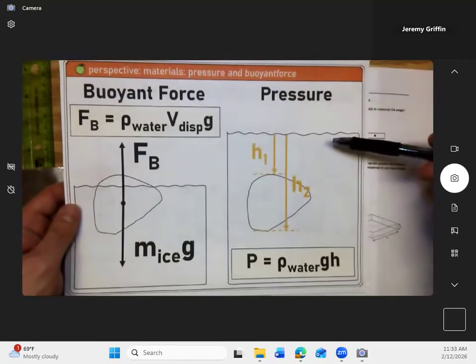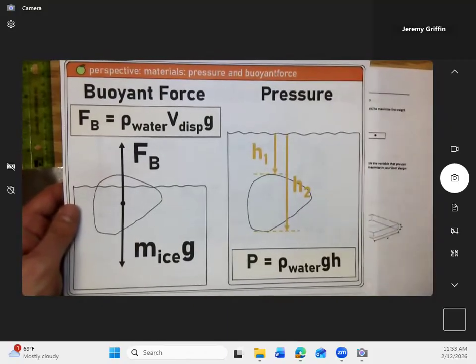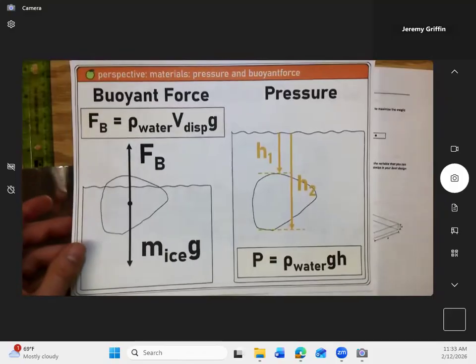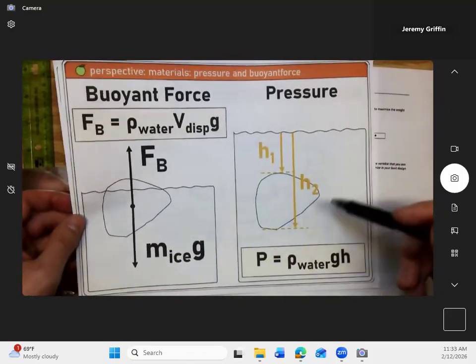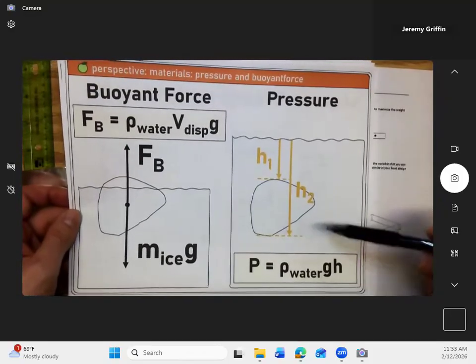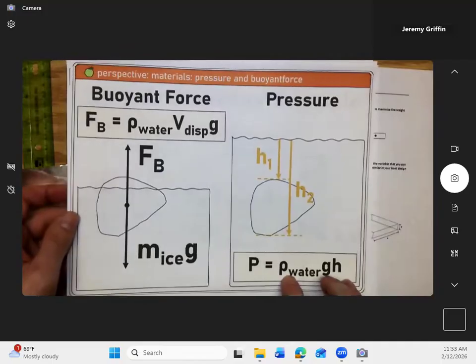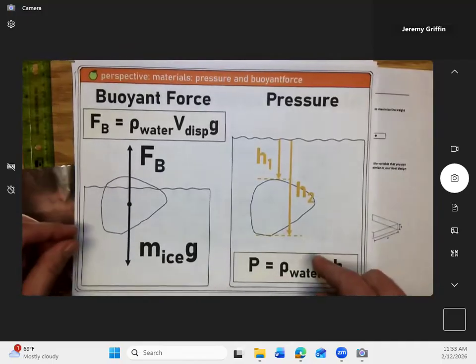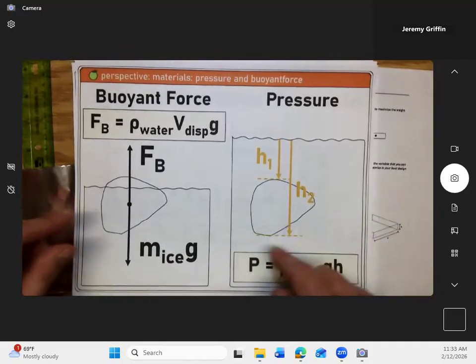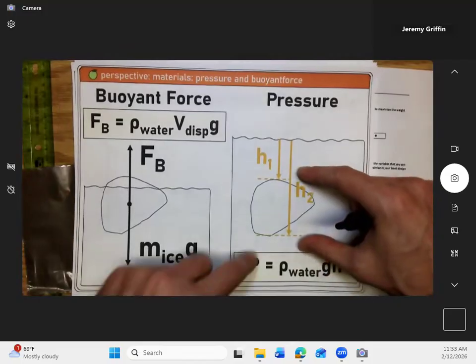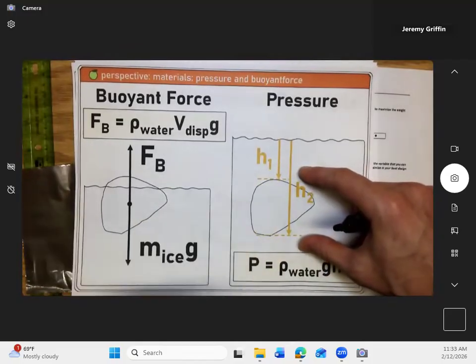Okay, gauge pressure. The deeper you go in the water, the more the pressure. So rho g h: density of the water, times the gravity field, times the depth. Now, because objects are three-dimensional, is there more pressure on the bottom of the object or on the top of the object?